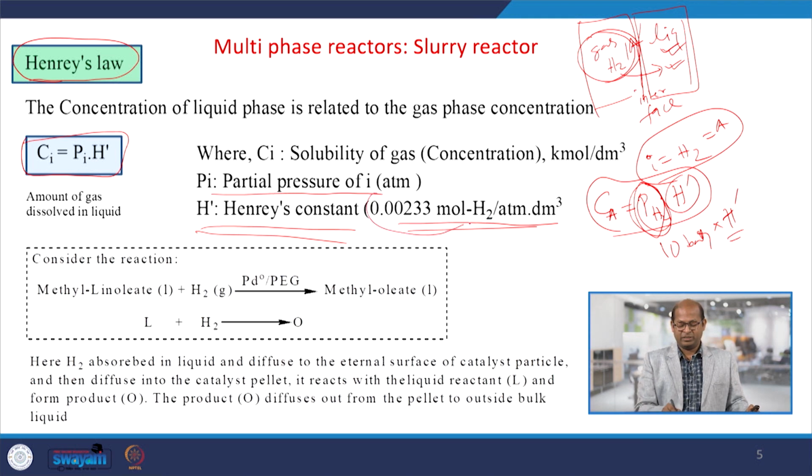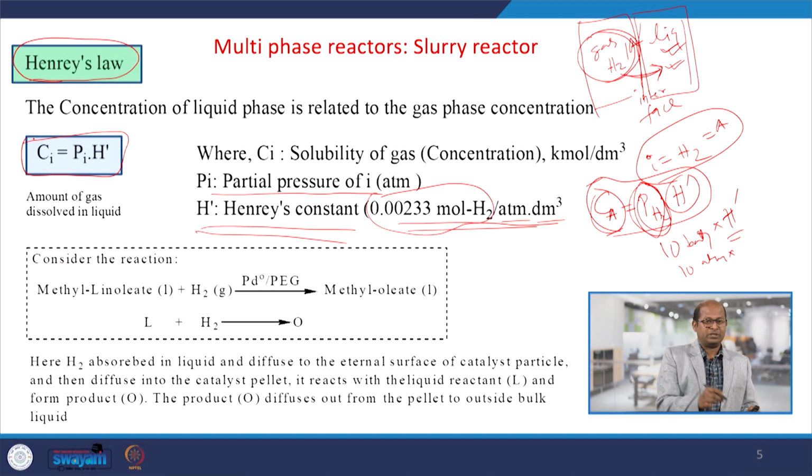Since for hydrogen it is given in mole hydrogen per atm per dm cubed, we can convert this 10 bar into 10 atm, and then multiply by H prime. Then we can find the concentration of the gas component in the liquid phase. So this is the concentration in the liquid. The concentration of component hydrogen in the liquid, that we can find out.